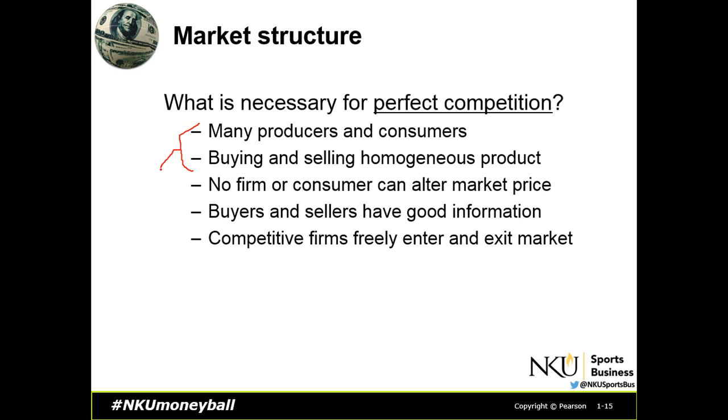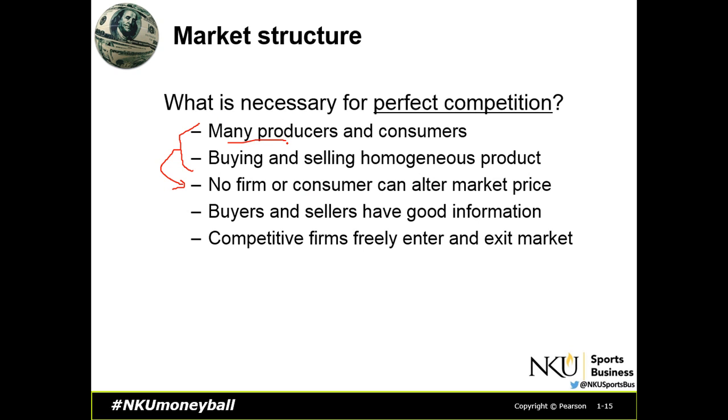Because if we have these first 2 points, that means that we're going to also have the third point here. That no firm, a supplier, and no customer can alter the market price. Meaning a firm could change their own price, but when they do that, they're going to lose a lot of their consumers or all of their consumers because, again, there's many producers.